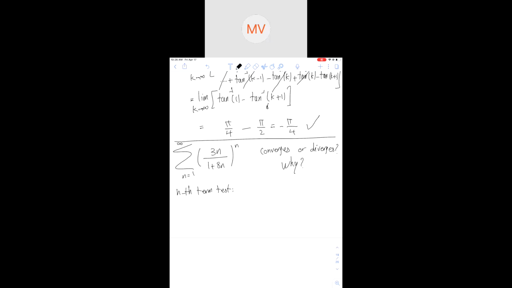The nth term test. So take the limit of only this term as n goes to infinity. What is that limit?